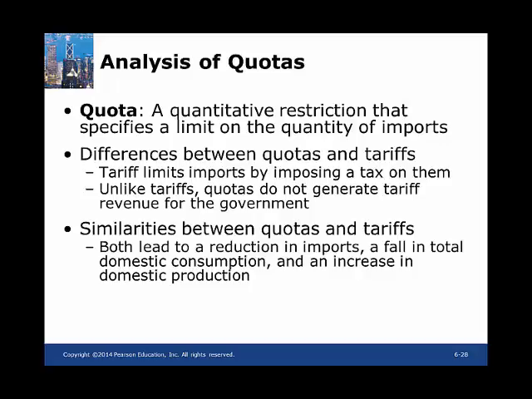Unlike tariffs, quotas do not generate tariff revenue for the government. Similarities between quotas and tariffs: both lead to a reduction in imports, a fall in total domestic consumption, and an increase in domestic production.